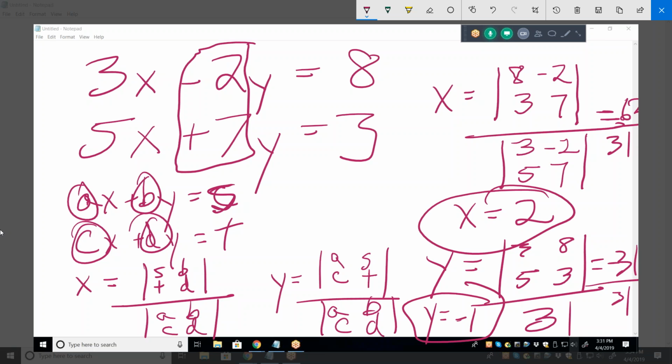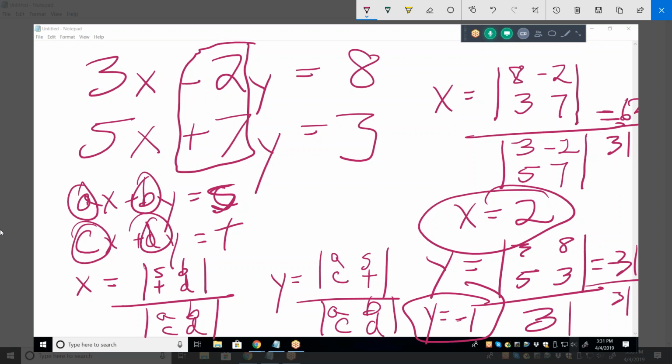We could have solved this problem much easier by just using elimination, right? Yes, sir. So using Cramer's rule isn't going to be the easiest way to do it. But if you look at a system of 3 by 3 equations with 3 variables, now all of a sudden that's a lot harder to do by elimination.